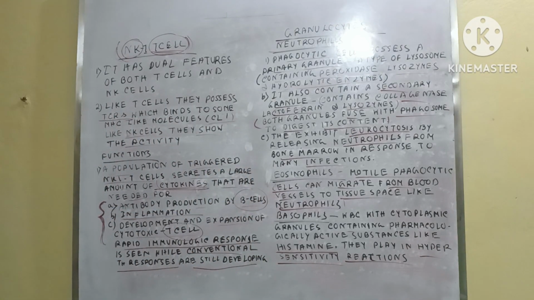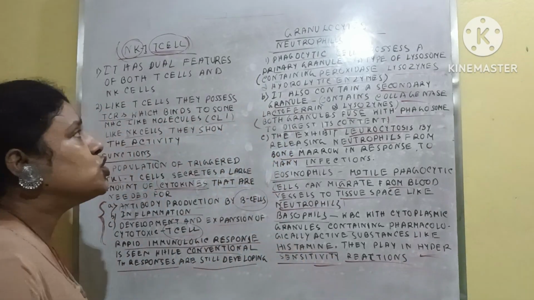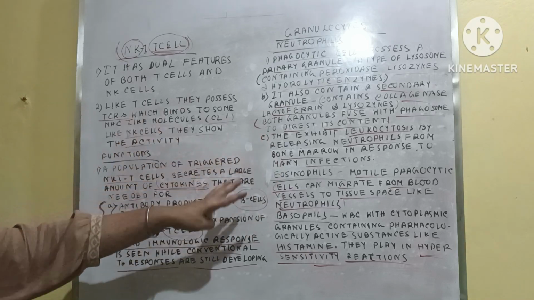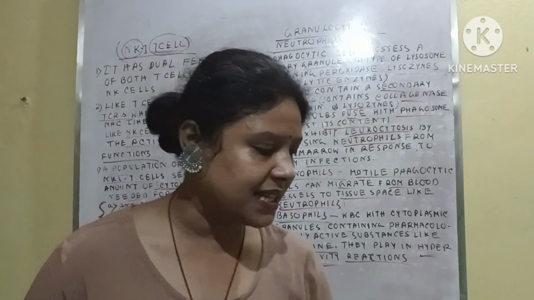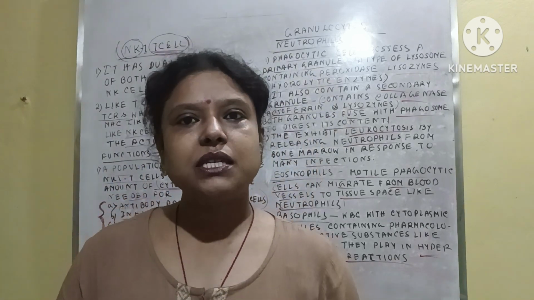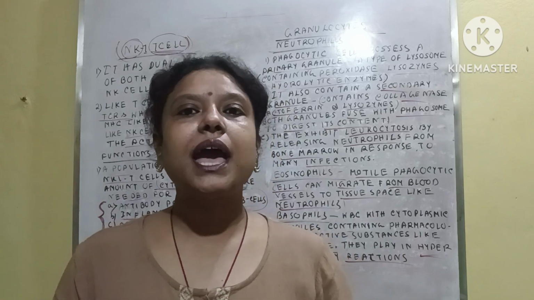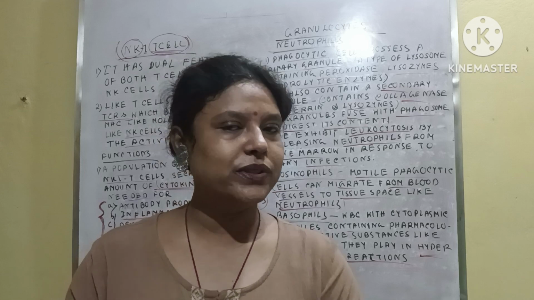These help in hypersensitivity reactions. So these are all the granulocytes and the NK1-T cell. Now we will learn about the mast cells, the last cell related to the immune system. So I think today we have learned all about the cells that are related with the immune system.